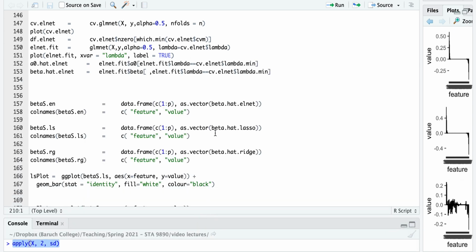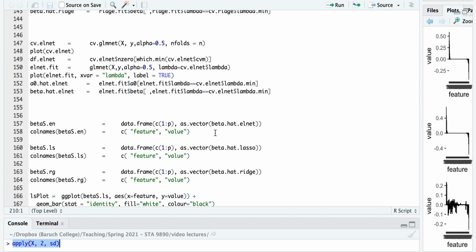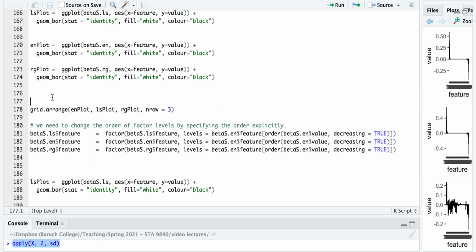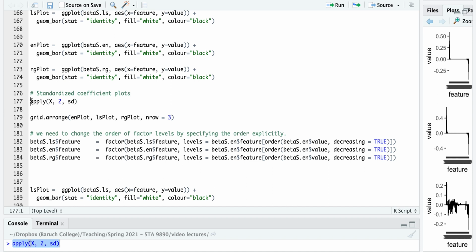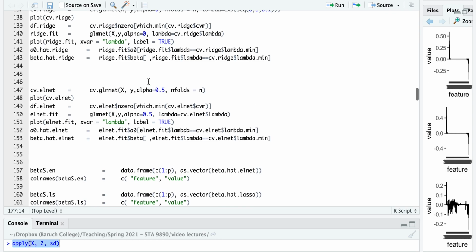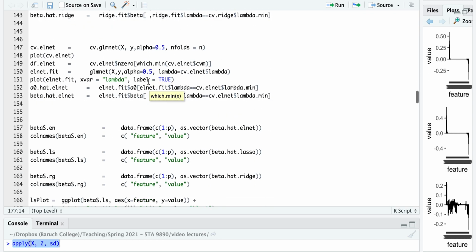Okay, and what we do is standardized coefficient plots. To do that, you have to first find S, which is the standard deviation, and then we'll repeat the same code we had here.